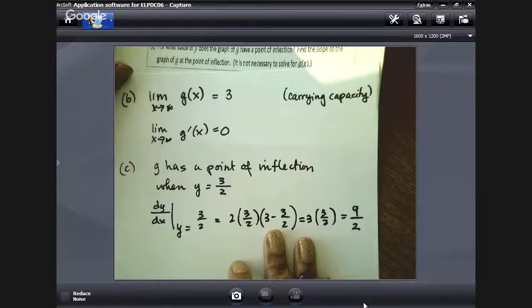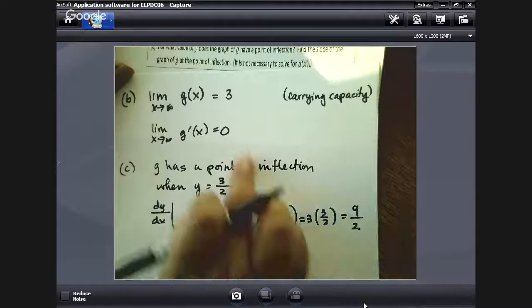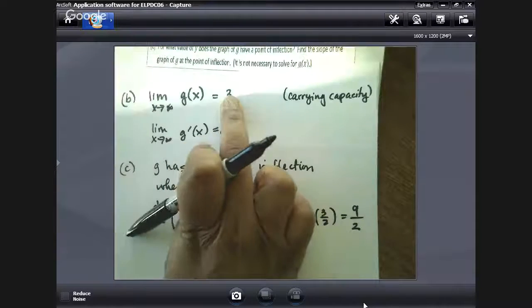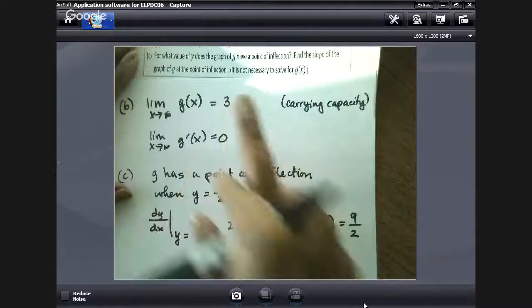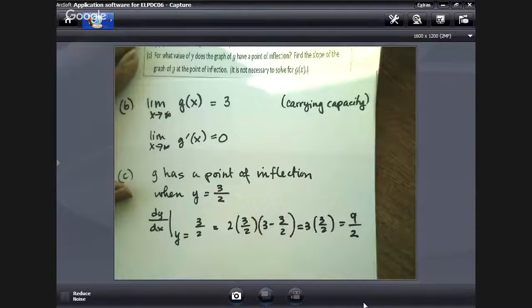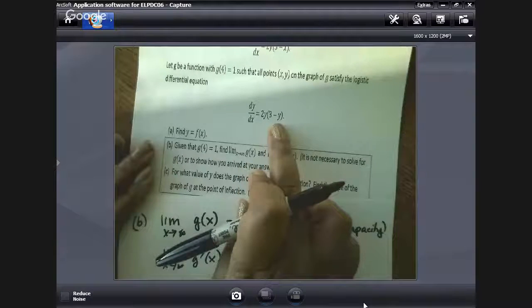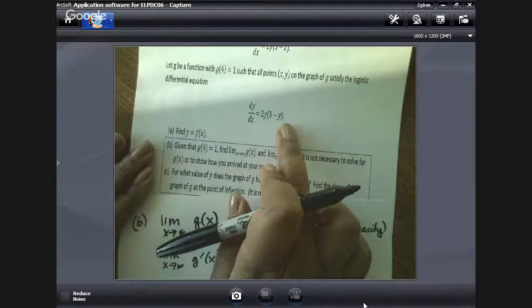And the limit as x approaches infinity of g prime of x, well, if I put this value 3, which is really when x is going to infinity and y is going to 3, if I put the value of 3 in here because y is going to 3, then dy dx is going to be going to 0.